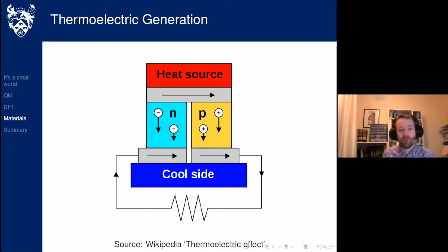But now you put them together like we have in this diagram, and now you can see that what we could do is we could electrically join the two materials together, and now anywhere that a negative charge built up in one and a positive charge built up on the other, the negative charges can move towards the positive charges to neutralize them, and that is an electrical current. And that's the basic idea behind a thermoelectric generator, that we convert this change in heat into an electrical current, actually an electrical potential, which drives a current.